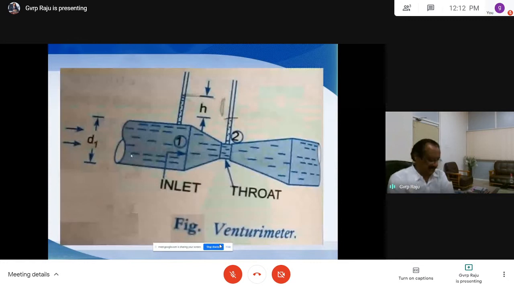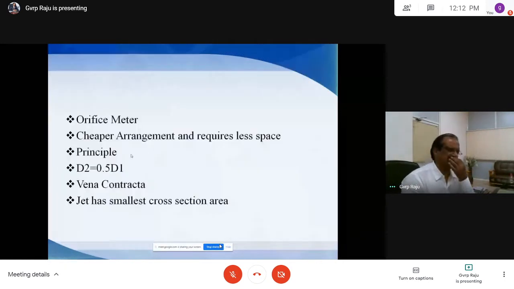The other application is the orifice meter. Orifice meter and venturimeter are both used for finding out the discharge of water which is flowing through the pipe per second.